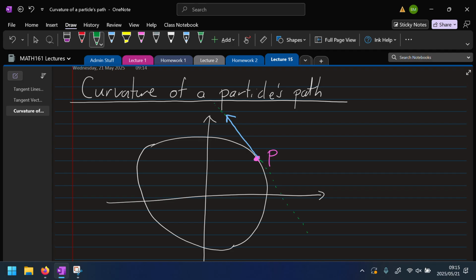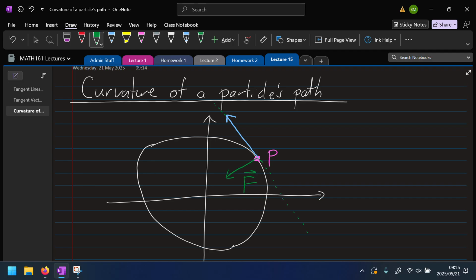Now, if there are some forces involved, it's going to deviate from that straight line. So there's going to be some force here, let's put that in green, some force F, and that's going to pull the particle away from that straight line. And there's going to be some curvature there.